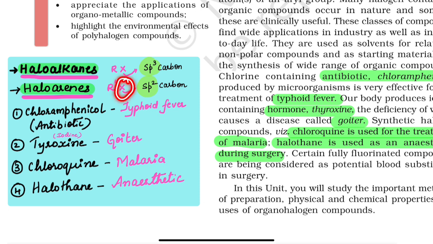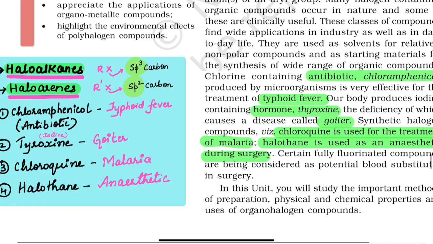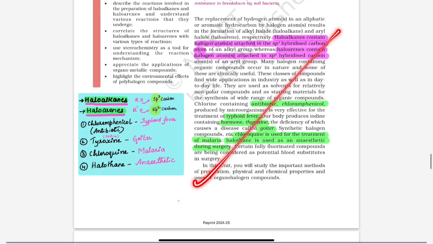If halogen is attached to the sp2 carbon of an aryl group, that is benzene, it is called a haloarene. Chloramphenicol is an antibiotic used for treatment of typhoid fever. Thyroxine is an iodine containing hormone used for treatment of goiter. Chloroquine is used in the treatment of malaria. Halothane is used as an anesthetic. So learn only this much from the first page.